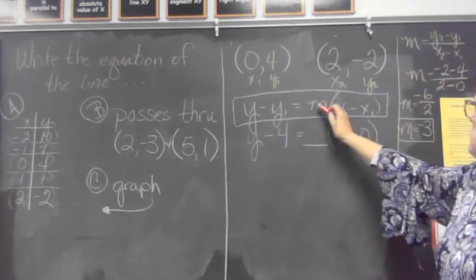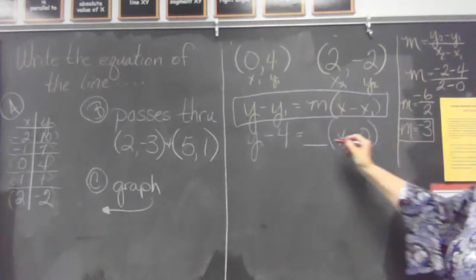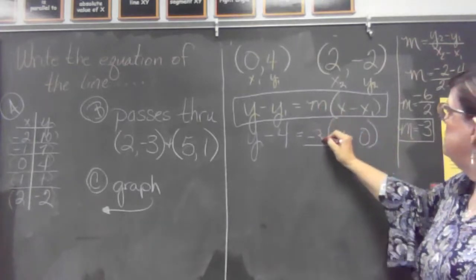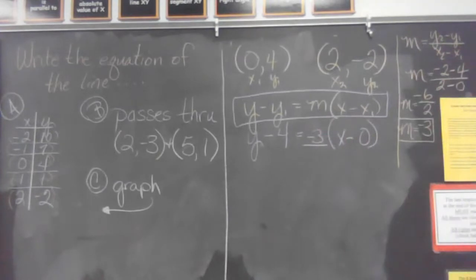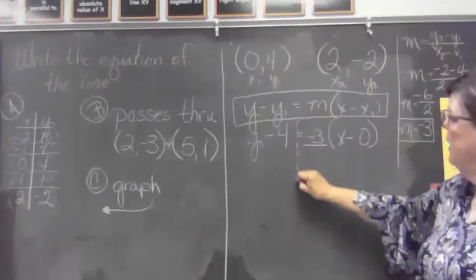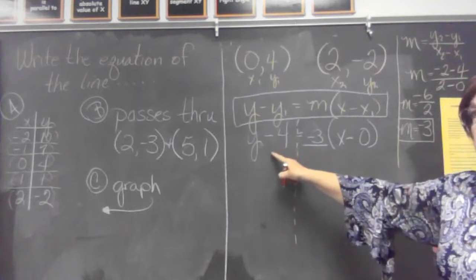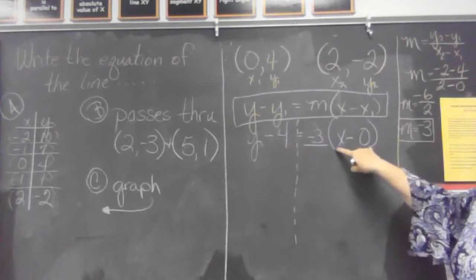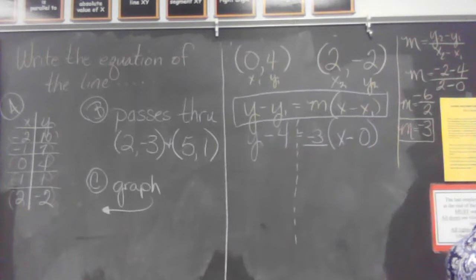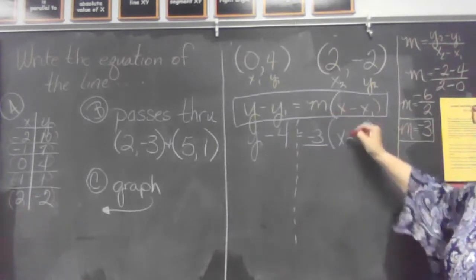Where the m is now, we found it was negative 3, so I can put a negative 3 right here. Now we have everything filled in the problem. We're simply going to solve for y. But we found out yesterday that you can't add the 4 to this side yet until you get rid of the parentheses. And the way we get rid of the parentheses is to do the distributive property.